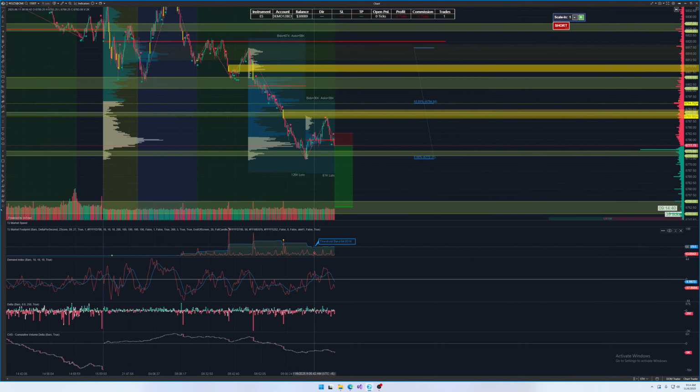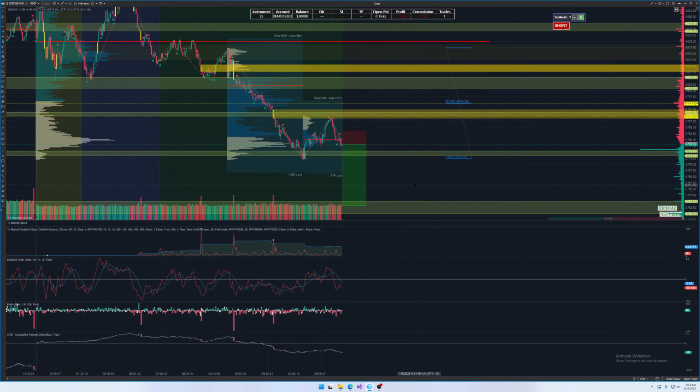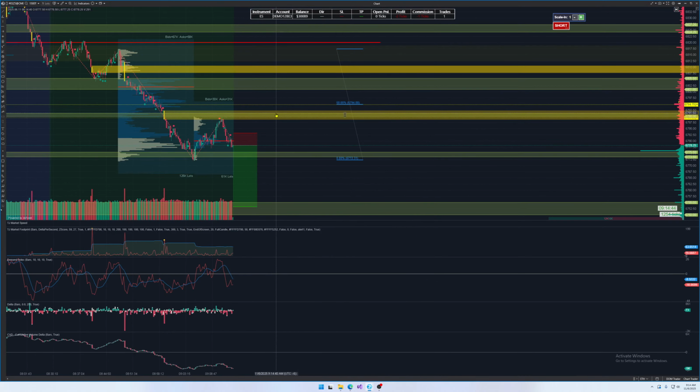Yeah, those are the annoying moments of a trader. You have marked an area and then the market is reacting as you want. And here even confirmation by the demand index.